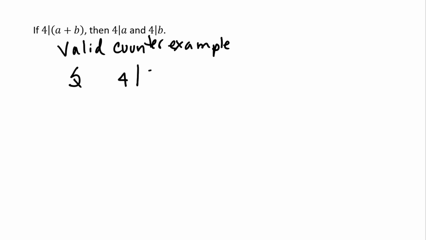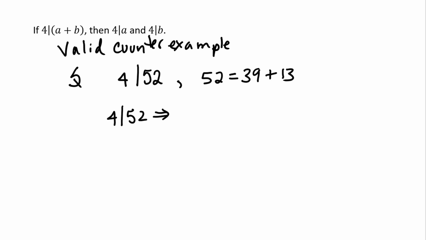Consider that 4 divides 52. That's a true statement. And we know that 52 is the sum of some two numbers, so I decided to split that up into 39 plus 13. Then we know that 4 divides 52 means that 4 divides the sum of 39 and 13.